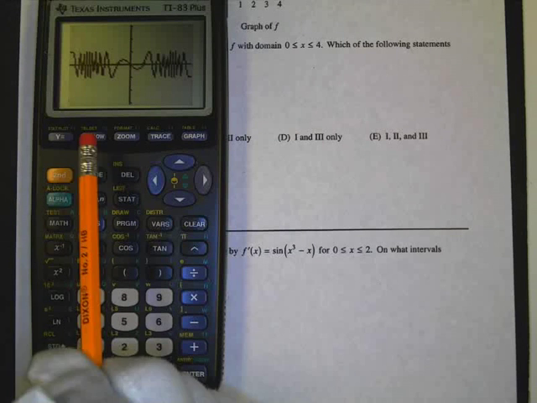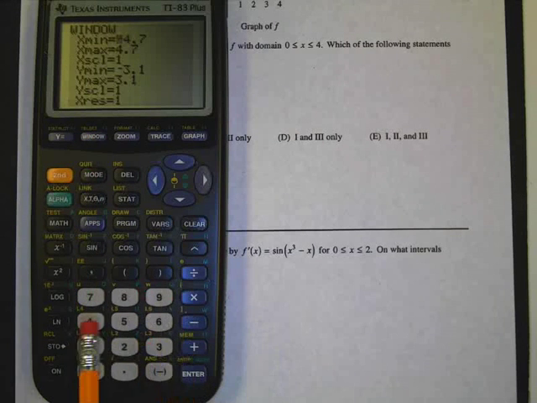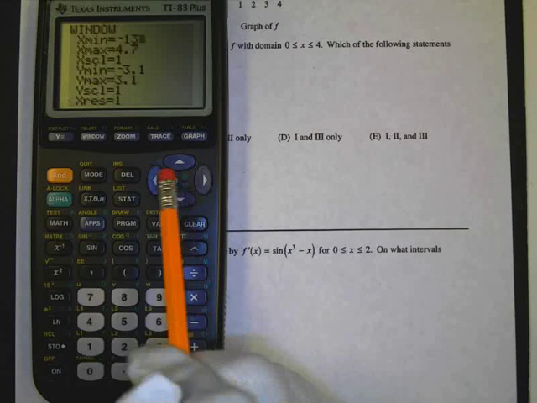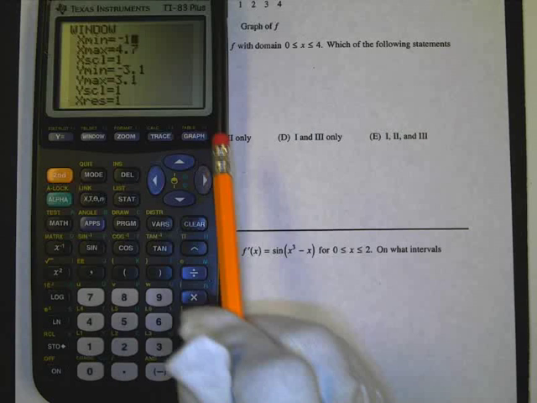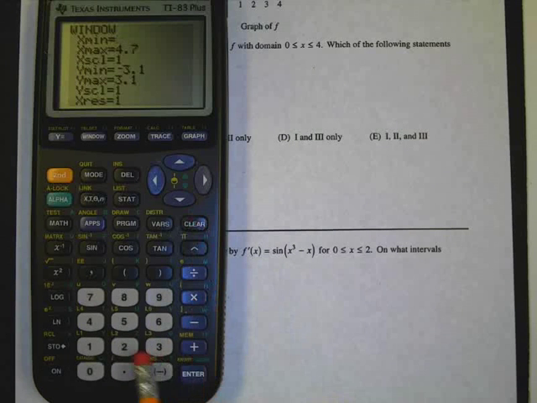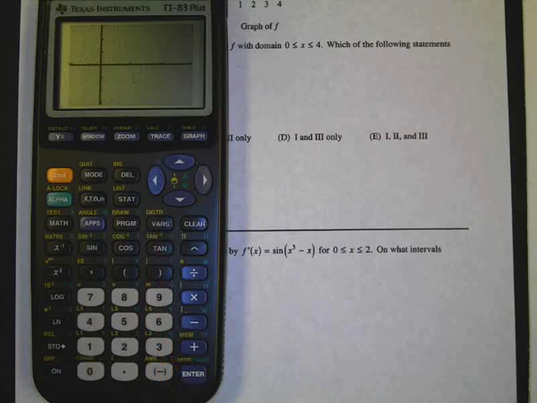That's kind of a lot of junk going on there. Let me change the window. I want to go from 0 to 2, so I'll go from -1 to 3. How's that? That's a little bit better. Graph that.